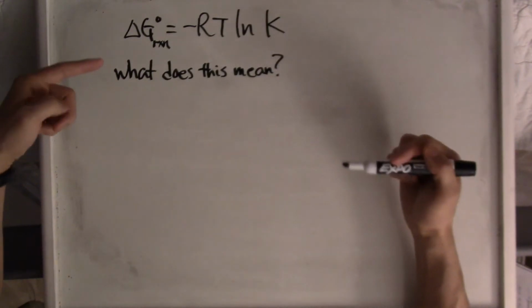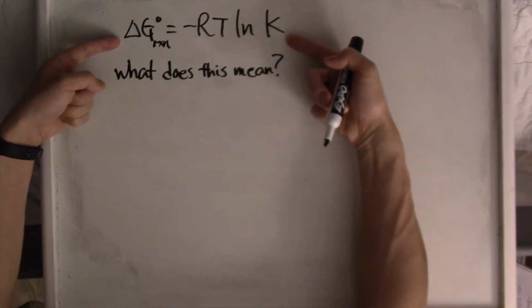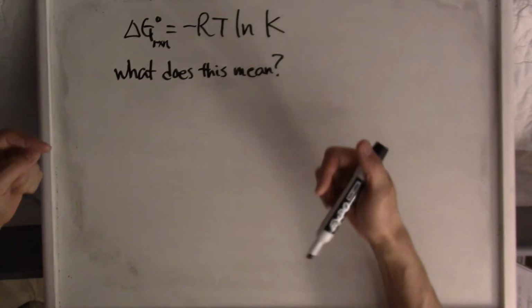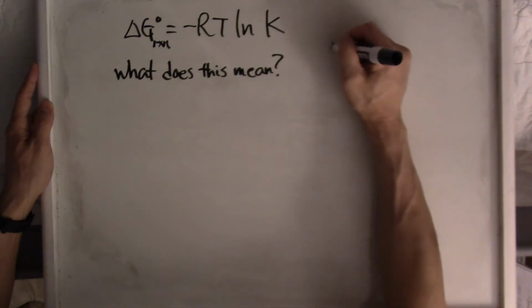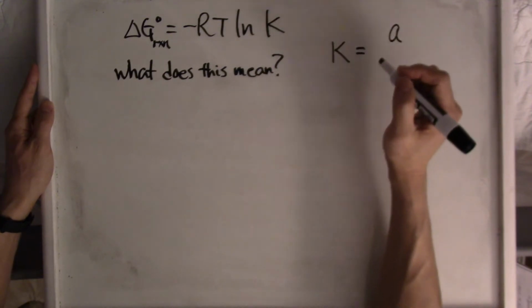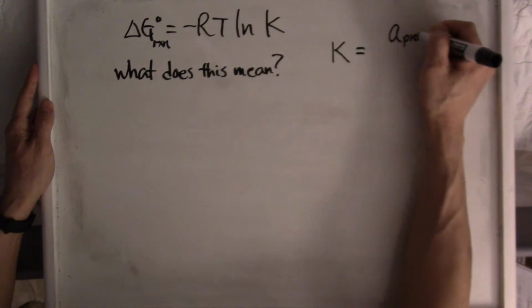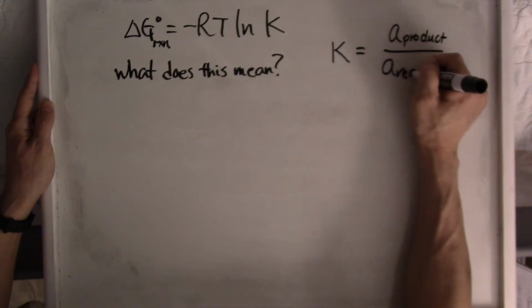Well, again, it's about the relationship between delta G and the equilibrium constant. But what is the equilibrium constant? It's a ratio, right? The equilibrium constant is a ratio of activity, product over reactant.